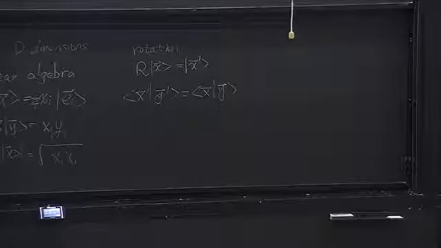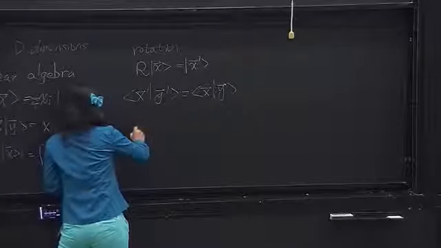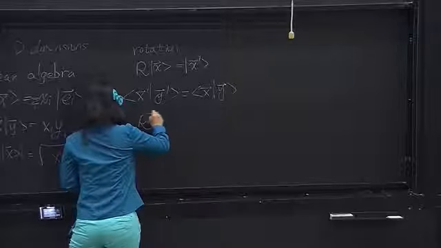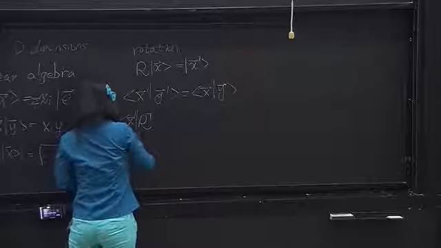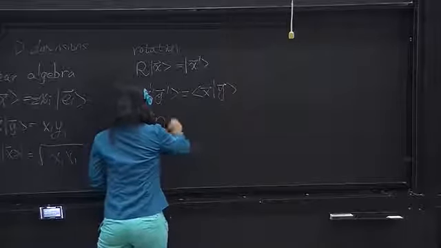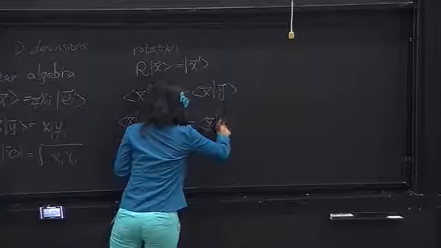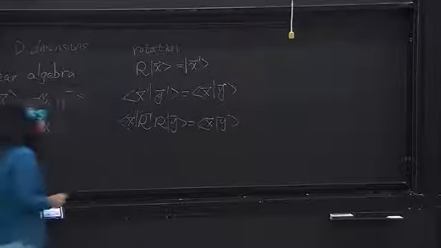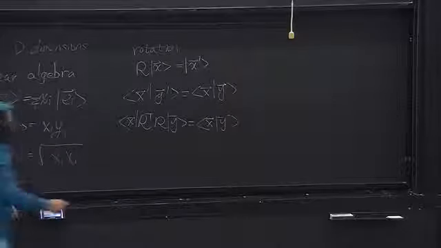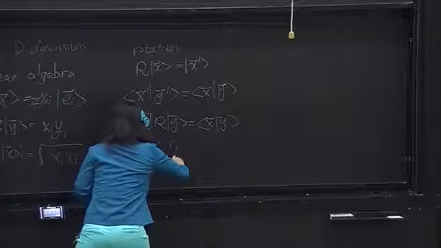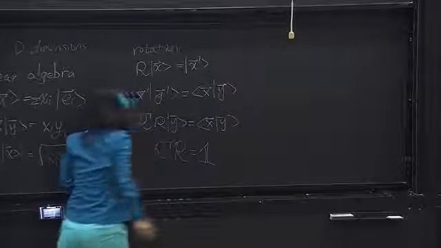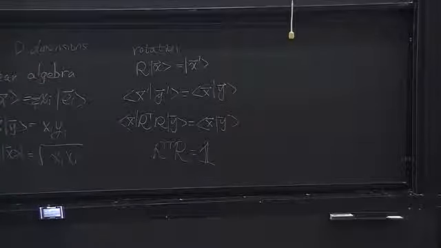That's what we call a rotation. If you rotate a vector, the length doesn't change. And actually, the angle doesn't change either, and thus the inner product doesn't change. So if this is what we demand, we will get that, and hence we conclude rotations should satisfy the condition R transpose times R equals identity.